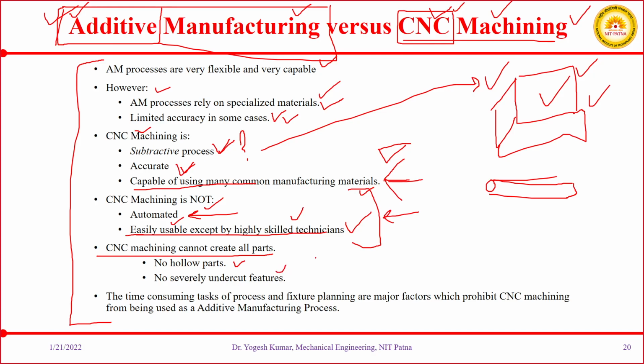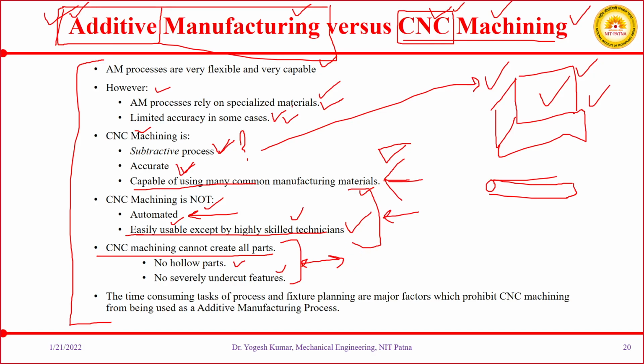If you want a number of features that have undercuts, you cannot machine these parts on a CNC machine. For those kinds of products, if you have a 3D printer for that particular material, you can easily print your part using your AM machine.